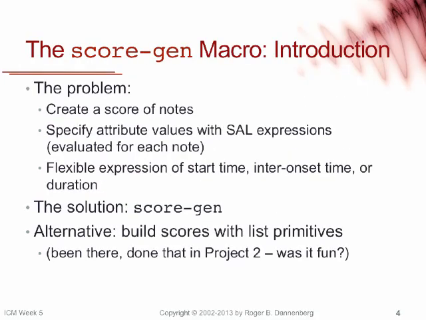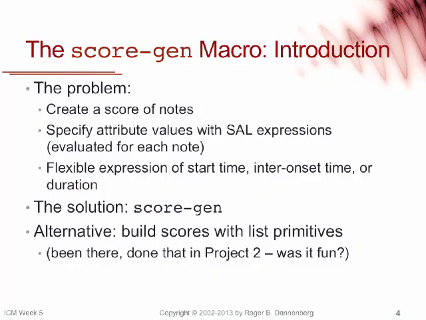And I want to introduce a very powerful macro construct in the Nyquist system called score-gen. And this is designed to address the problem of creating a score full of notes or full of sound events. You do this with score-gen by specifying attribute values. You specify the values by writing SAL expressions that are evaluated once for each note.